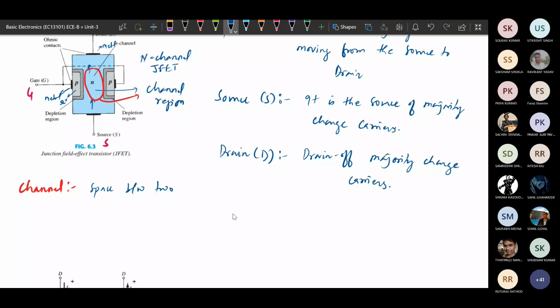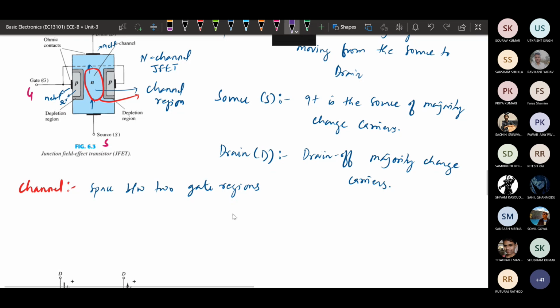The channel is the space between the two gate regions. Here we will define the terms channel length and channel width.